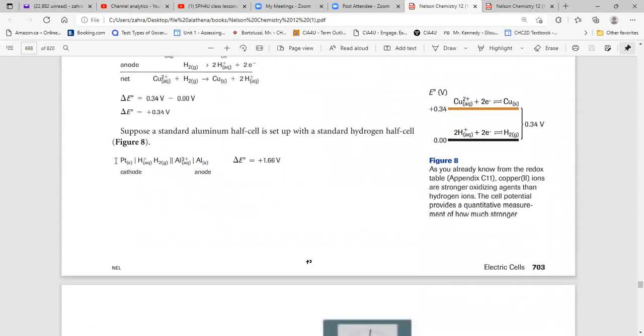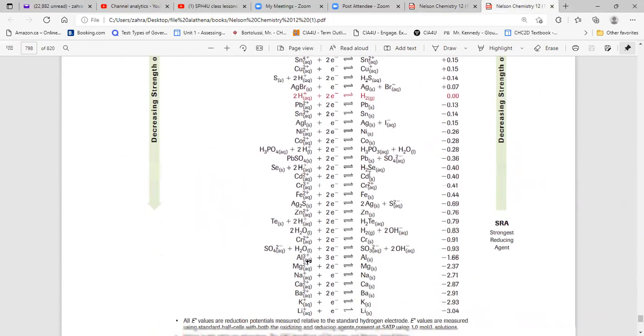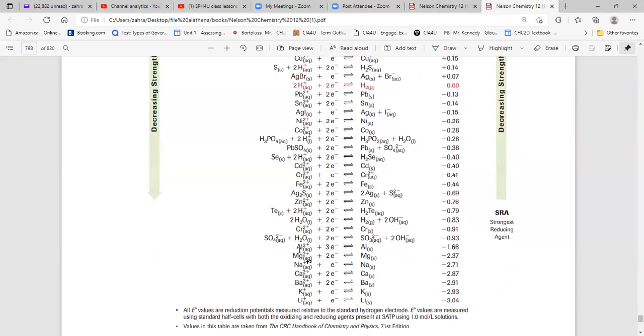Here is again hydrogen, and for Al, you look at the table. This is your hydrogen and here is the Al. Of course, the hydrogen will be your oxidizing agent. So the reduction happens there. This is your cathode and this is going to be your anode.